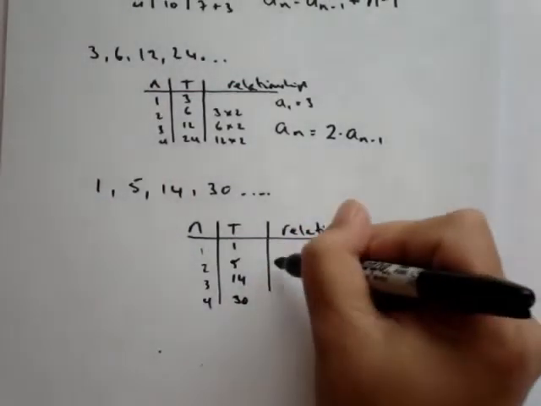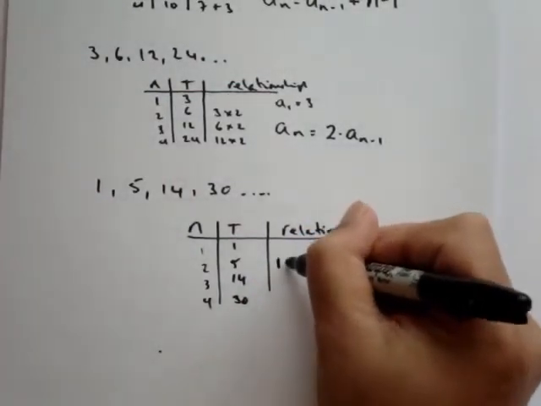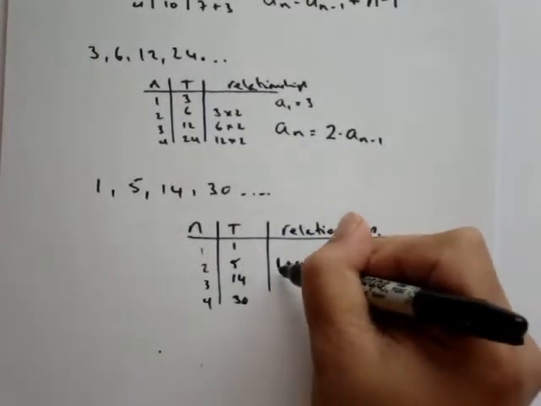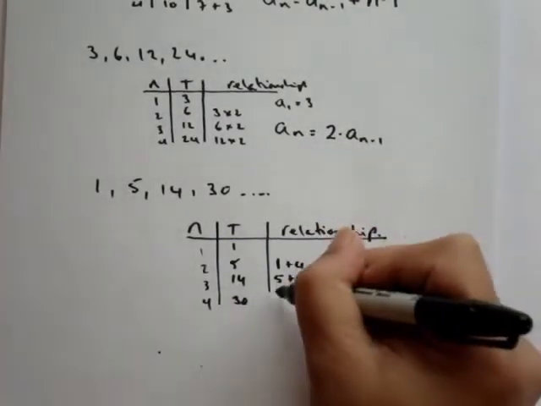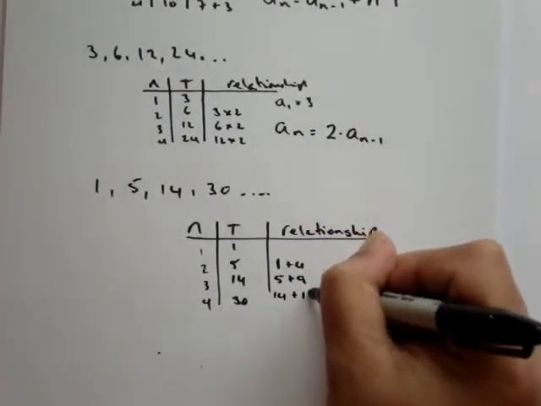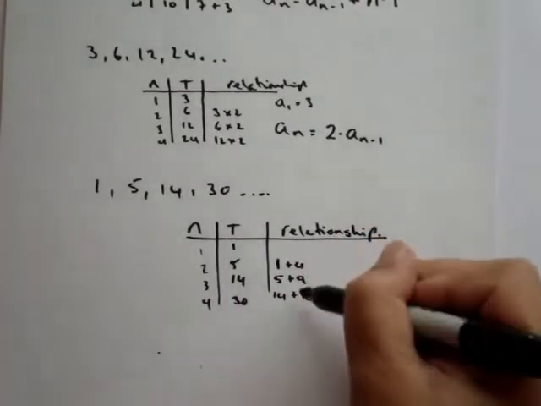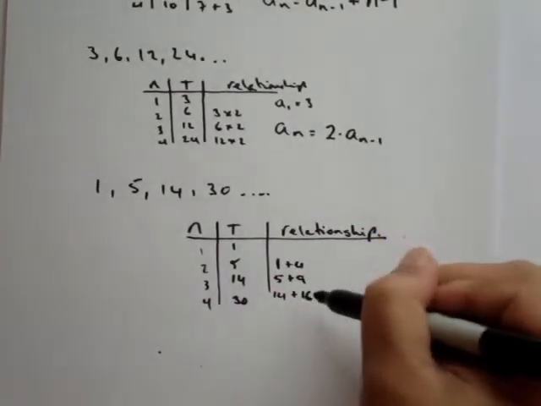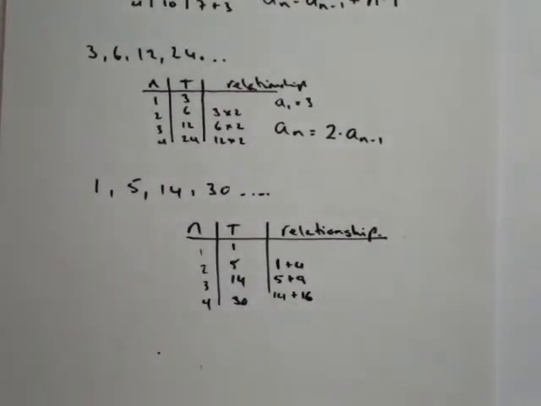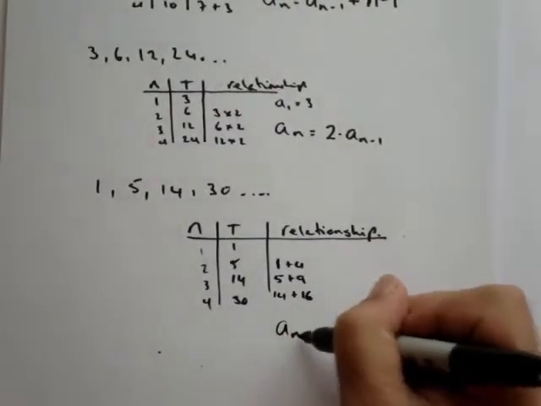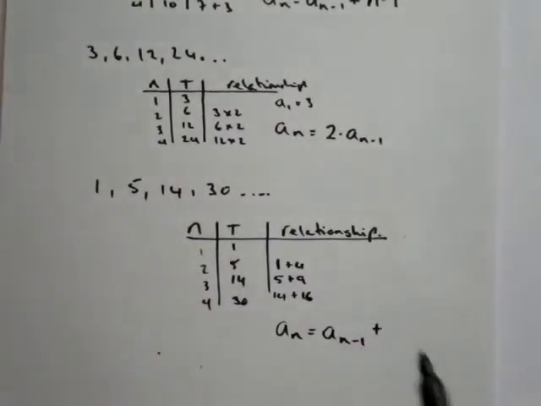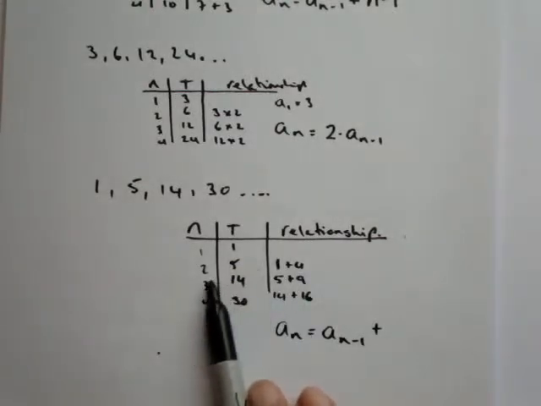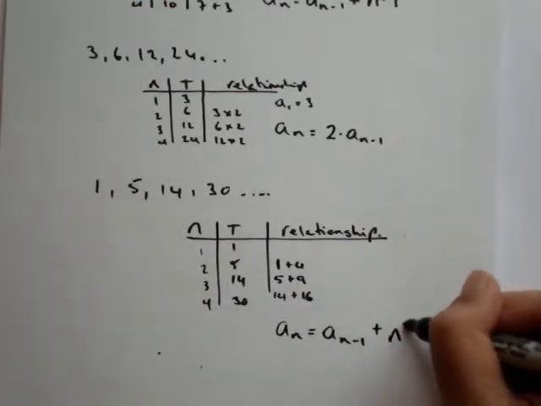The relationship to the previous one is 5 is 1 plus 4, 14 is 5 plus 9, 30 is 14 plus 16. So we're looking at the previous term and how we get to the actual t. So this is a n equals the previous term, which is a n minus 1, plus. Now 4 is nothing but 2 squared, 9 is 3 squared, 16 is 4 squared. So that's plus n squared.